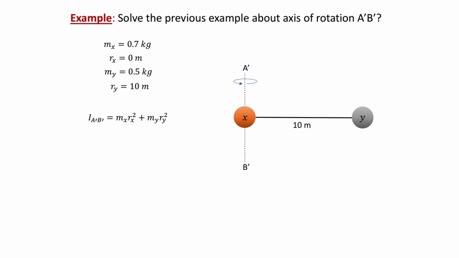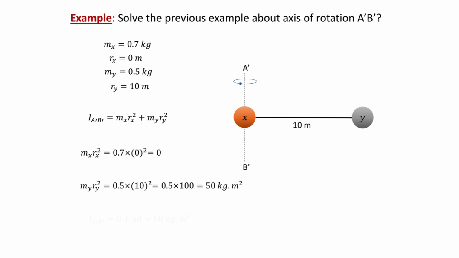For the axis A prime B prime, we have mx rx squared equal to 0, because rx is 0. And for my ry squared, we get 50 kilogram meter squared.